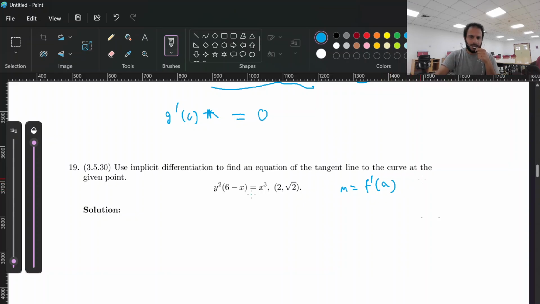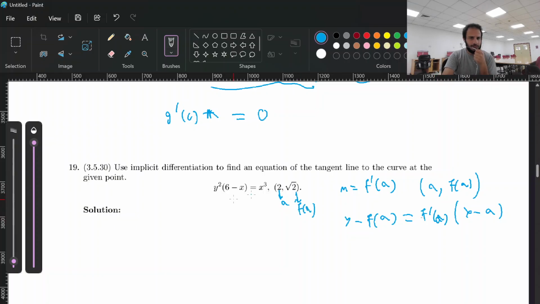This is the slope, and we have the point a, f of a. Then the equation y minus f of a equals f prime of a times x minus a. So we will use this equation. The point is given, so we just need to find the slope, right?